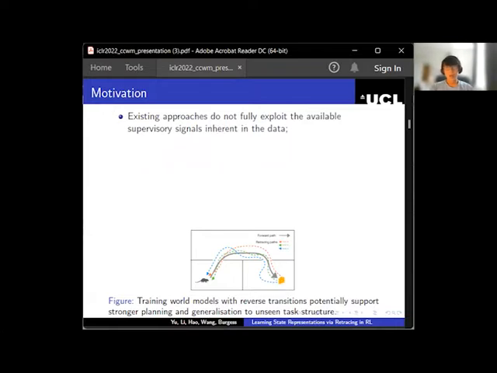Our argument is that existing world model approaches do not fully exploit the supervisory signals inherent in the collected trajectory data. We define a transition tuple S, A, S prime to be reversible when there exists an action A prime such that the reversed transition tuple S prime, A prime, S is a valid transition in the class.